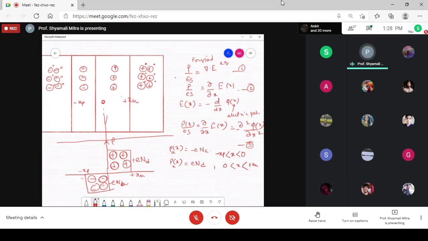So this is the scenario. Now to calculate the electric field, we will just integrate this.